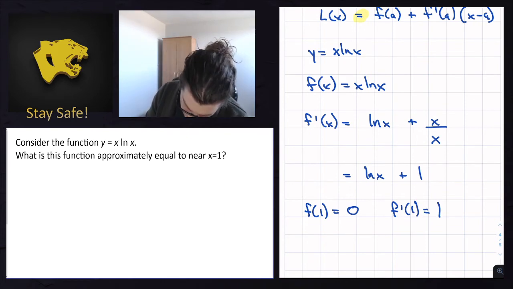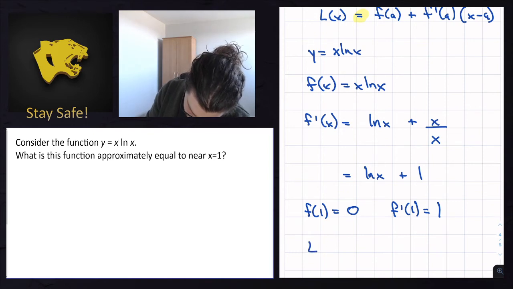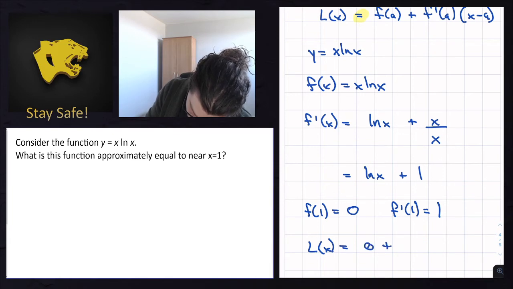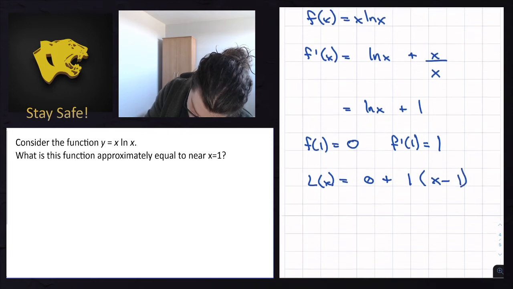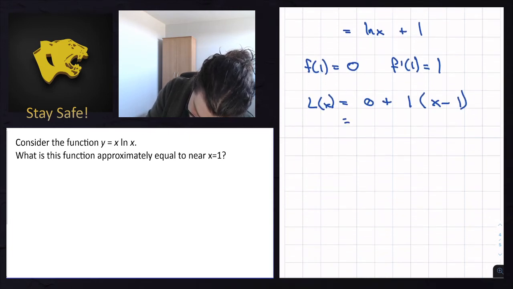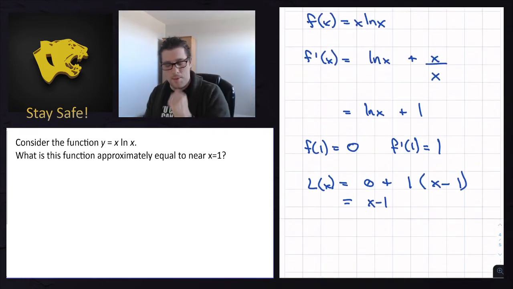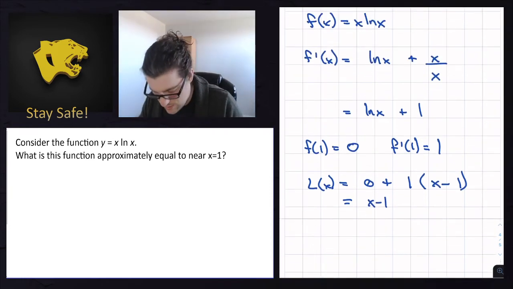Which means that the linearization function for values close to 1 is going to be 0 plus 1 times x minus 1, equal to x minus 1. So this is really similar to the sine one, and you might say, well, where'd the minus 1 come from?